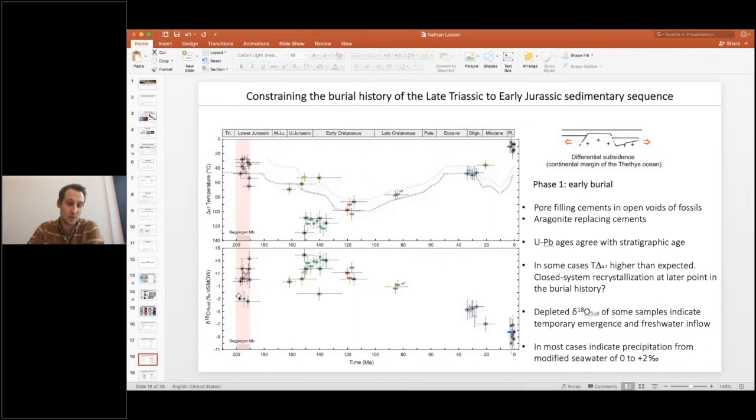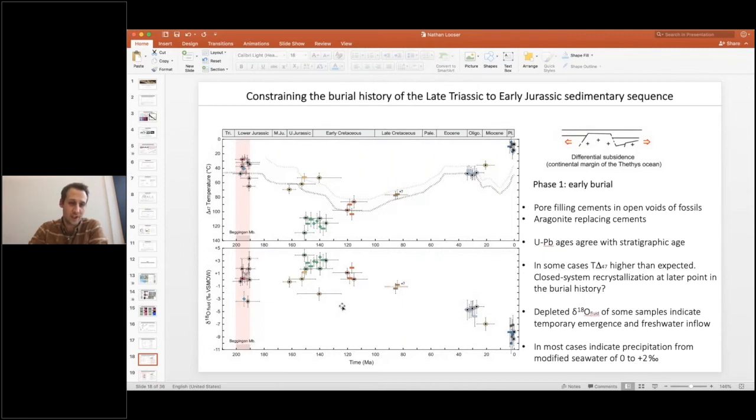This can be explained by temporary emergence above sea level and freshwater inflow, and this has been documented for this Bagging member. It is known to have constantly emerged above sea level, then transgressed again, gone below it, and so on. So generally this early burial phase fits well with what you would expect.